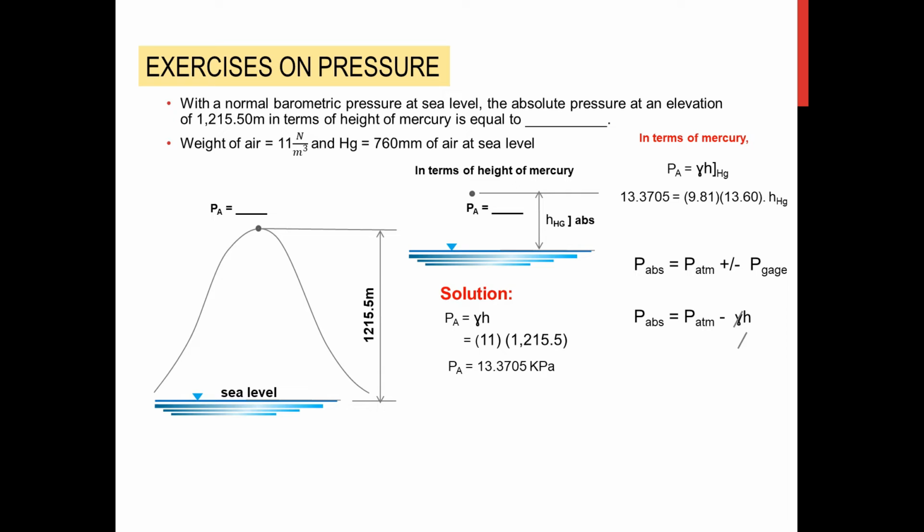Therefore, the PA computed, 13.3705, will be equated to gamma H of mercury. Substituting the specific gravity, we can get the value of height in terms of mercury, that is 0.1 meter or equivalent to 100 millimeters.